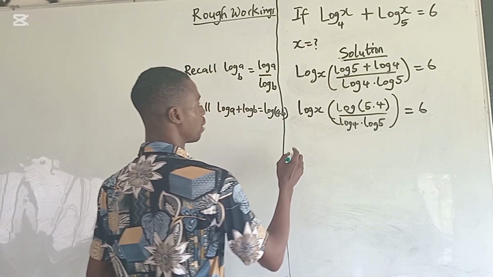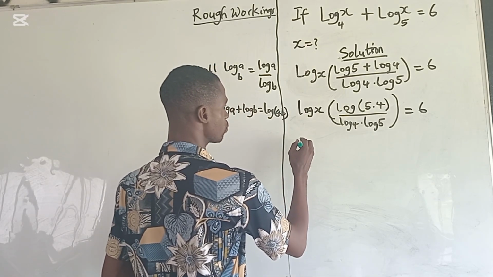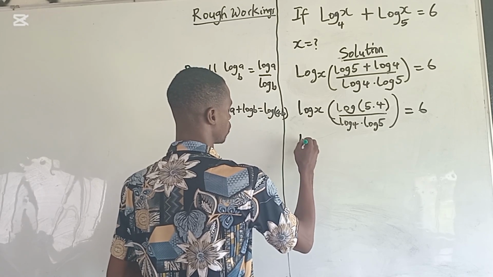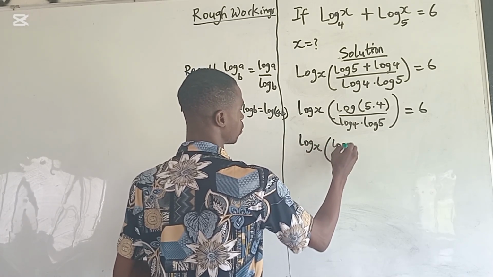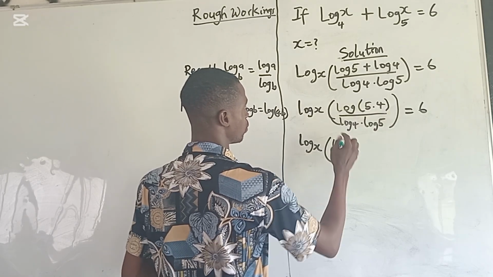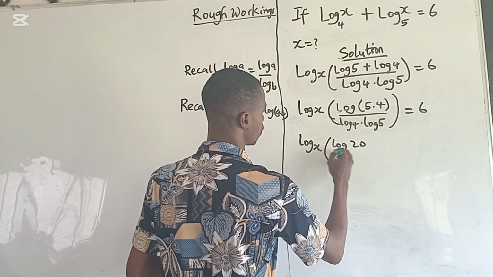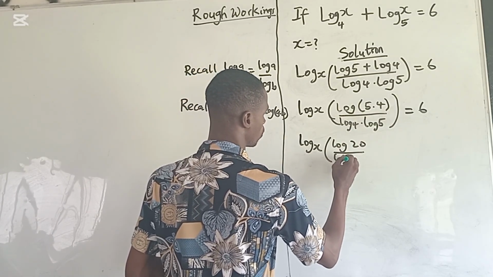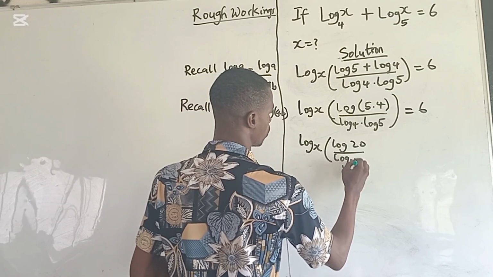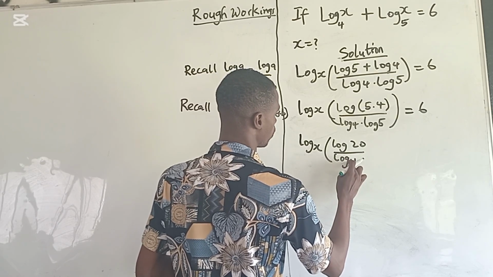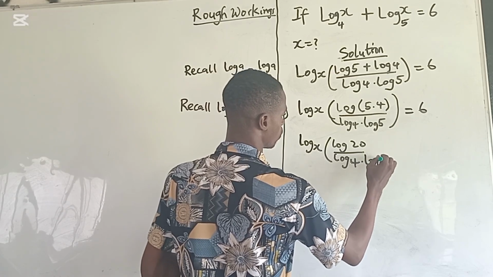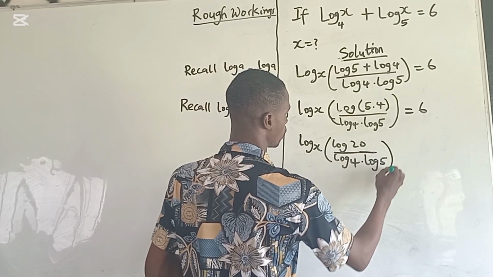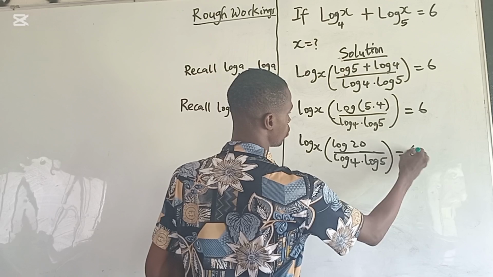So now we have log x open bracket, log 5 times 4 gives us 20, all over log 4 dot log 5 close bracket, which is equals to 6.